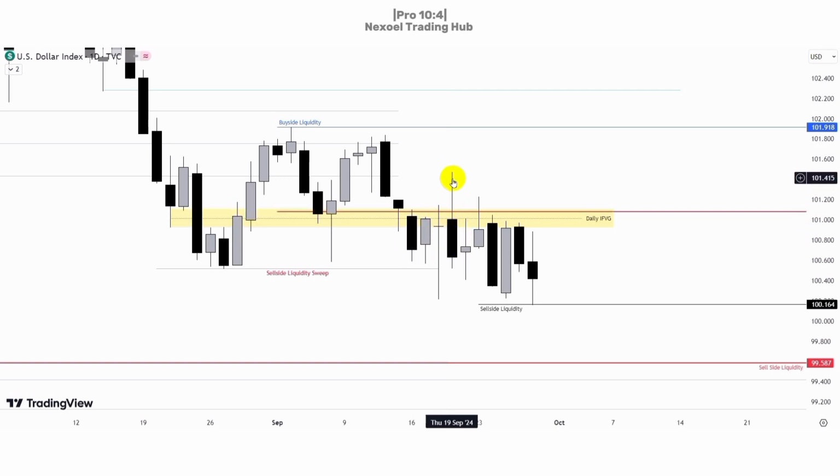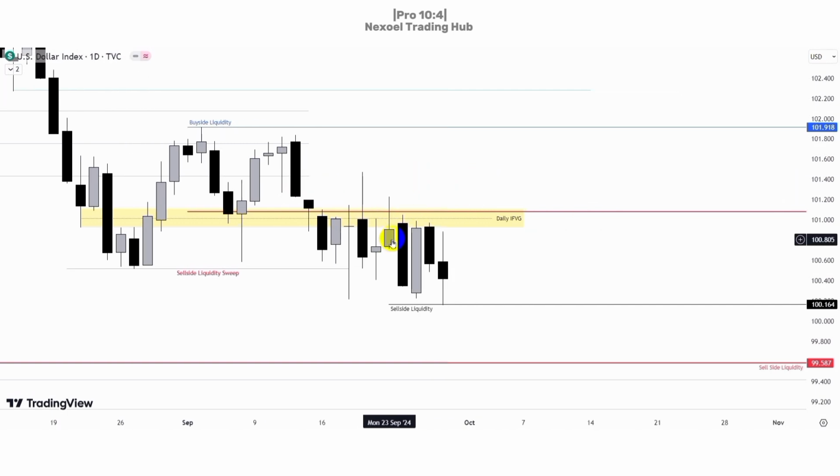So we expected to see that price will mitigate the 50% of this candle week in confluence with the weekly candle week also, because we also saw this liquidity void in the daily time frame, and the 50% level of this candle coincides with this liquidity void.